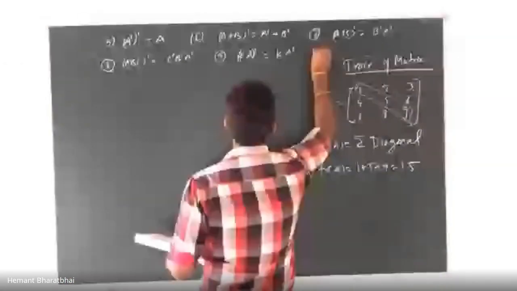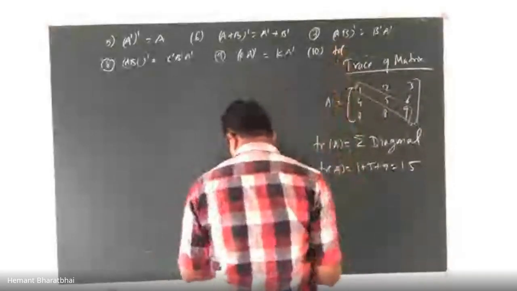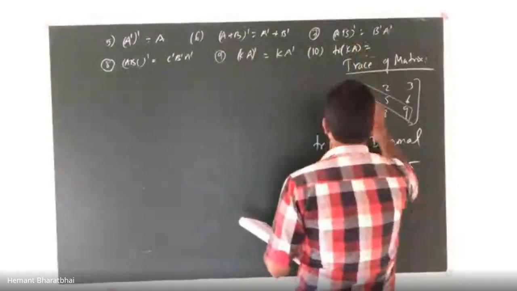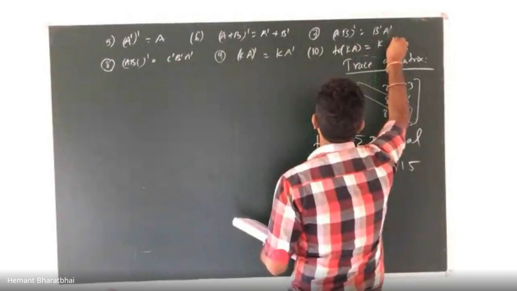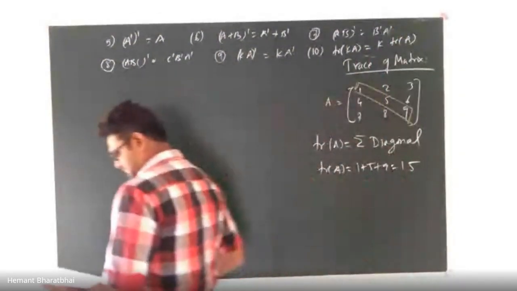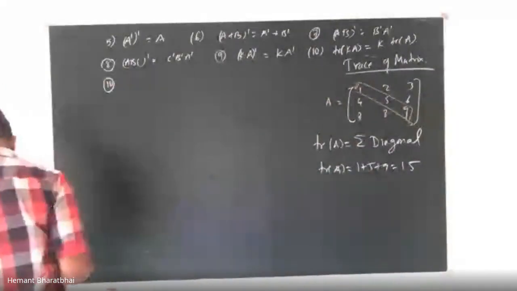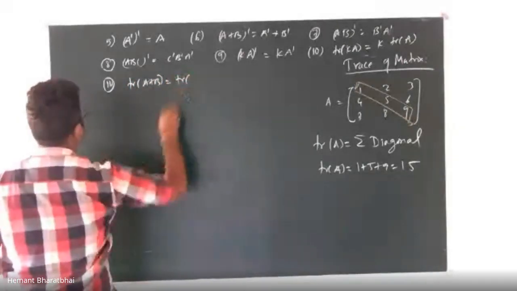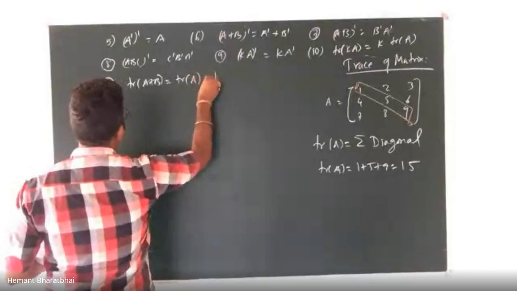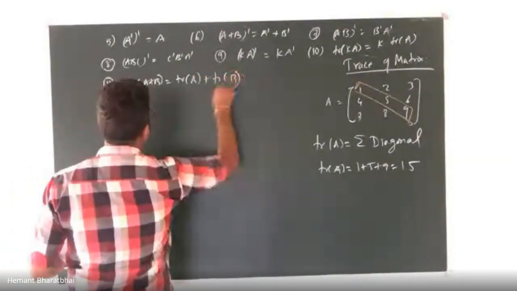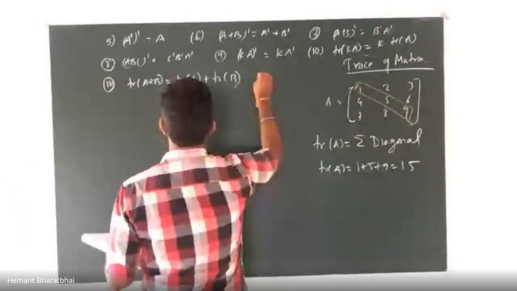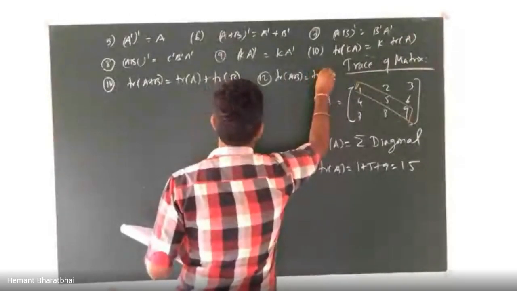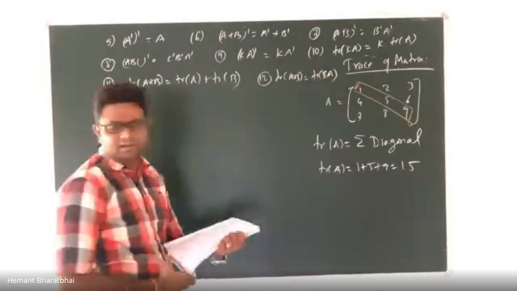So trace of a matrix K into A can be given as K times trace of matrix A. Next property, trace of matrix A plus B will be equal to trace of matrix A plus trace of matrix B. Next, trace of matrix A into B will be equal to trace of matrix B into A. The product will not be same.